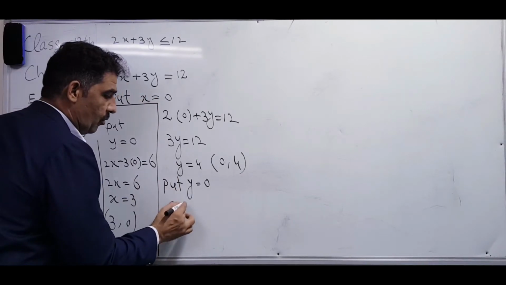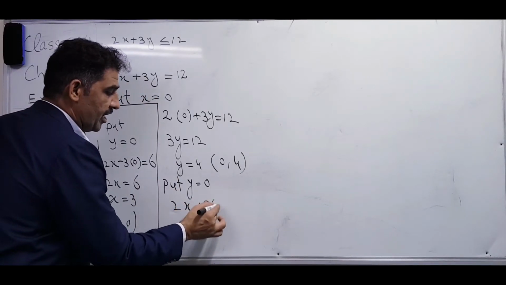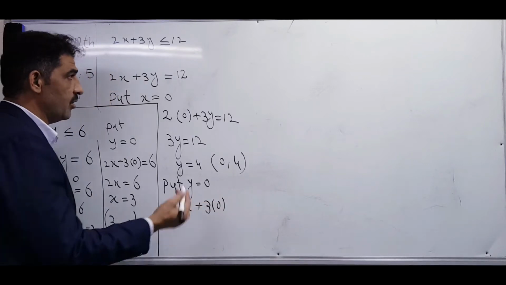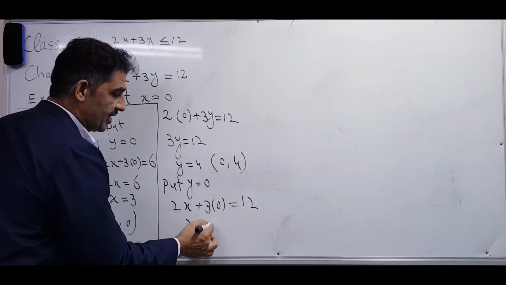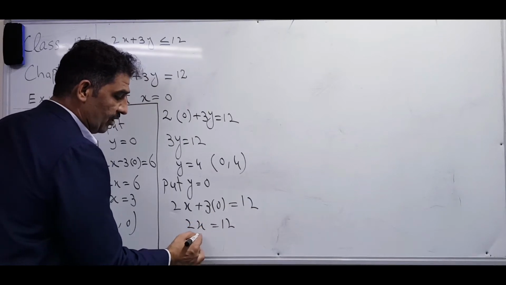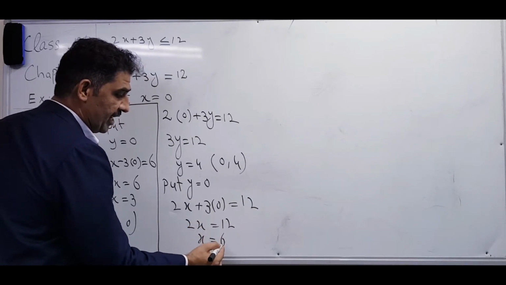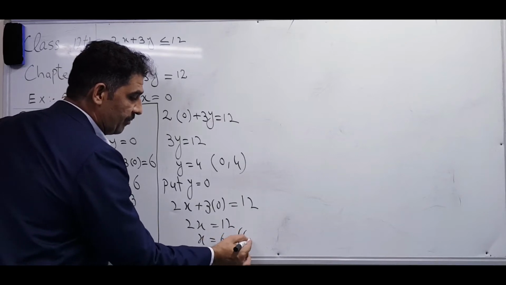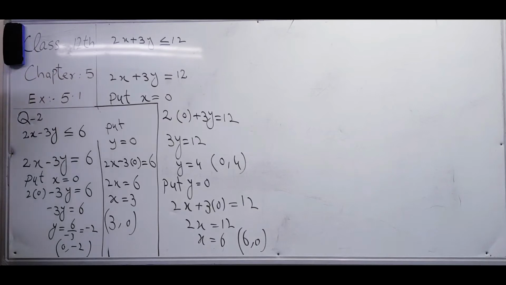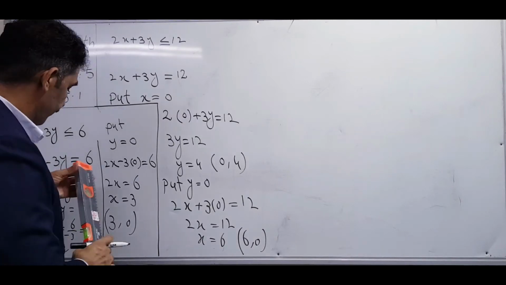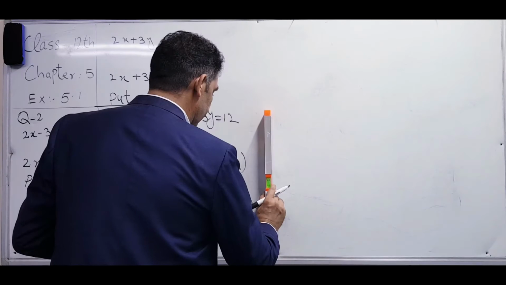So 2x plus 3, in the place of y we are putting 0, so that term will become 0. 12. So 2x is equal to 12. So the value of x is equal to 6. So the ordered pair will become 6 and 0. Right? Till here our question is solved.